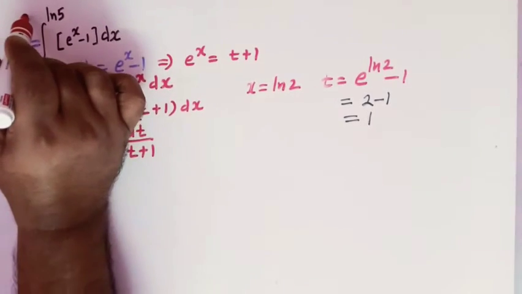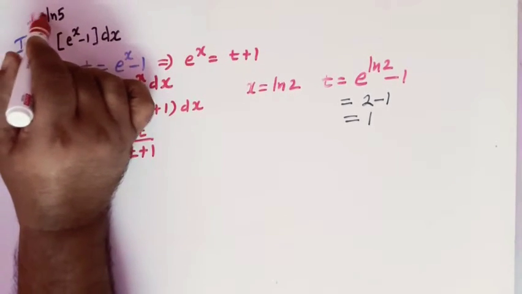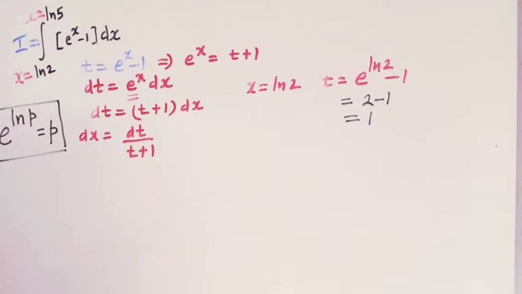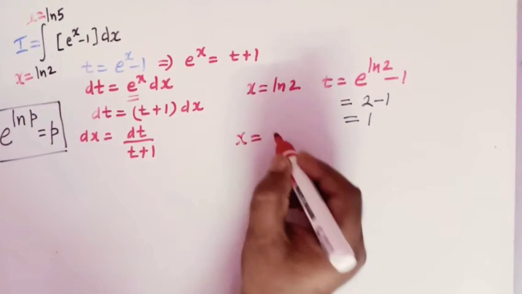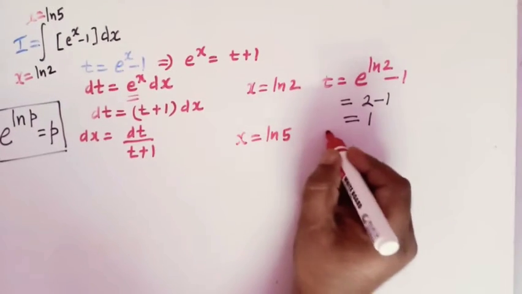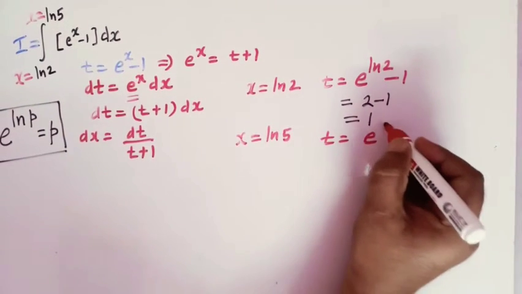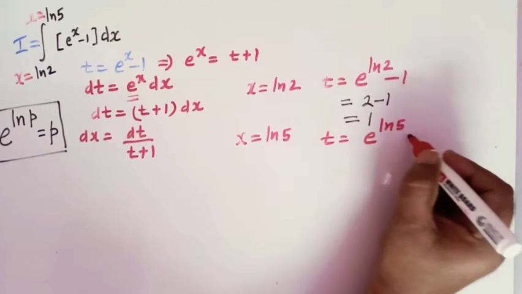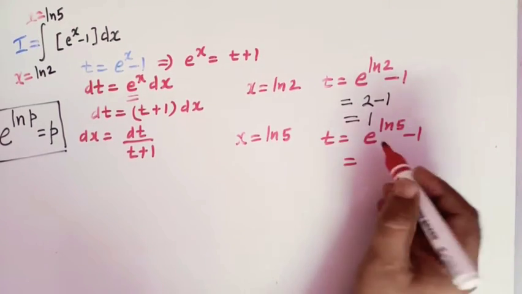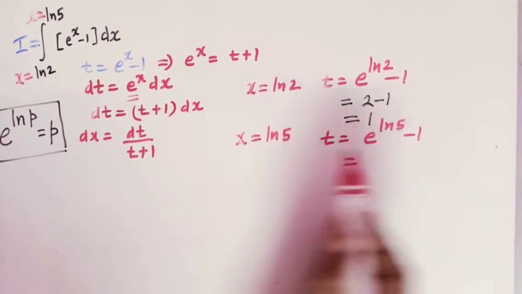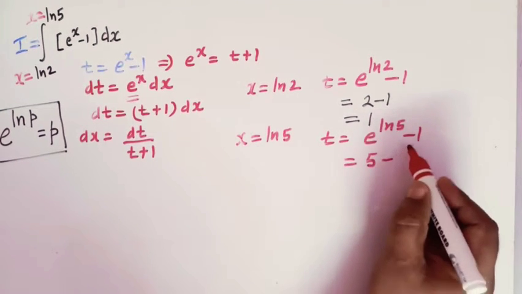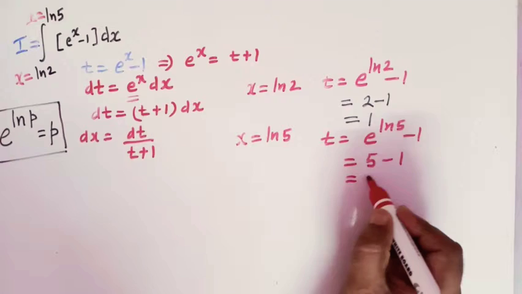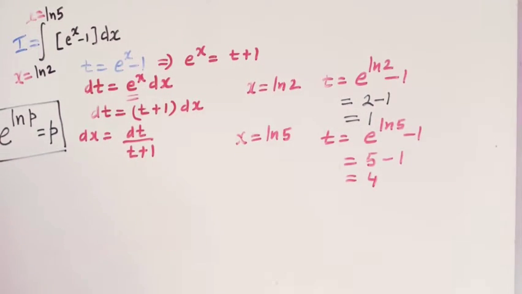Similarly, when x is equal to ln 5, then the value of t is equal to e raised to ln 5 minus 1, and again using this result, e raised to ln 5 is equal to 5, minus 1. So here we have 4, right?